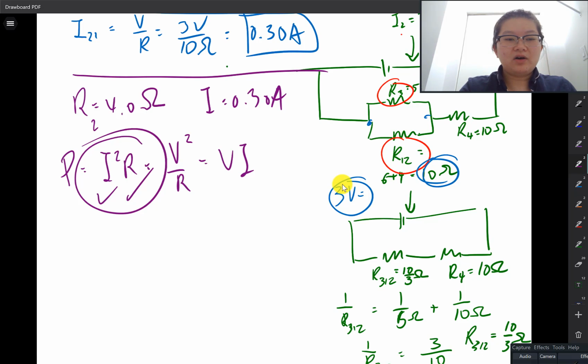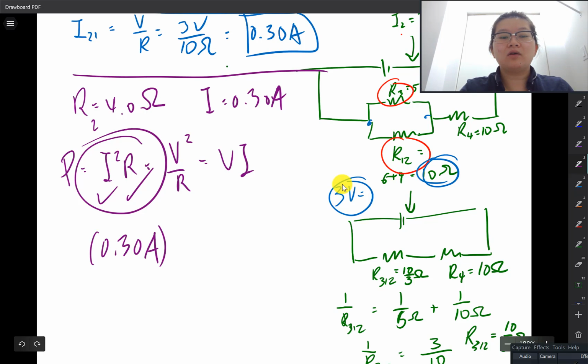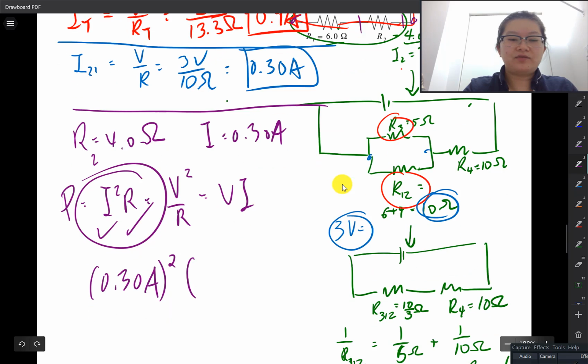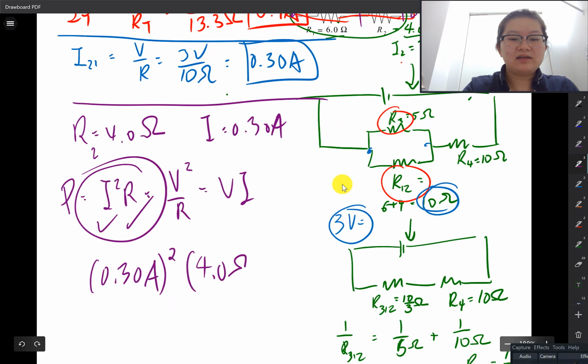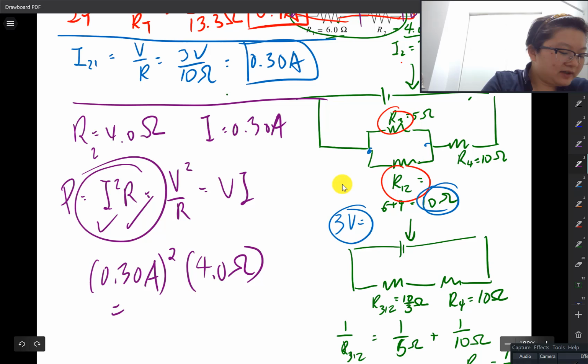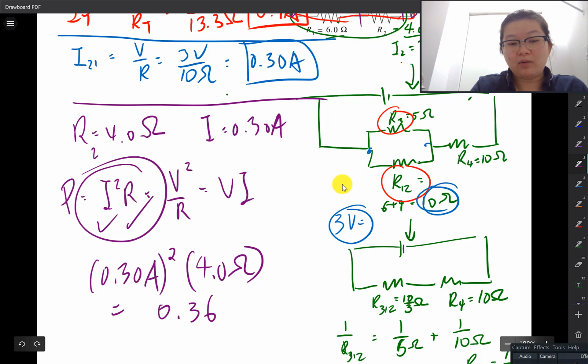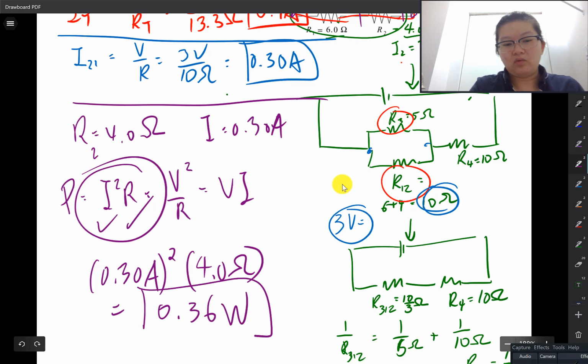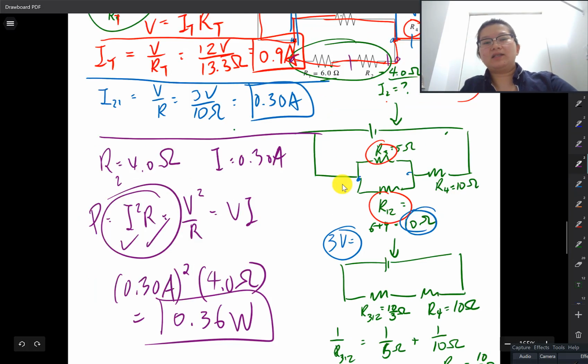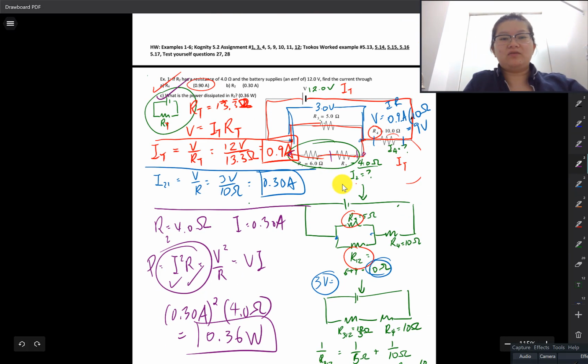I know it's the 0.3 amps, and it's specifically the current going across that resistor. The resistance is 4 ohms, and all I have to do is put this in my calculator, and we should get 0.36. And since this is power, our answer is in watts. Okay, and that's exactly what is in C over there.